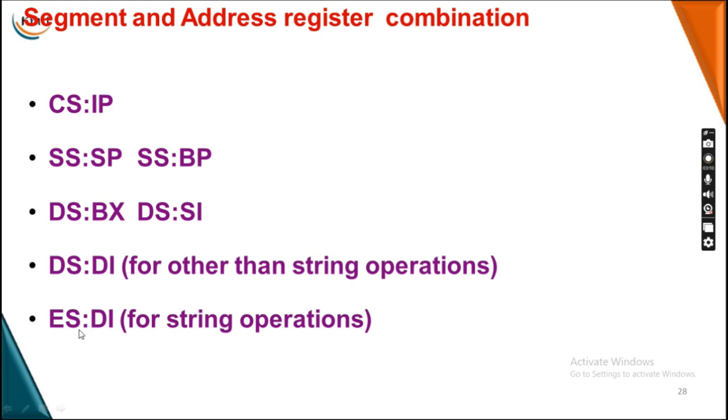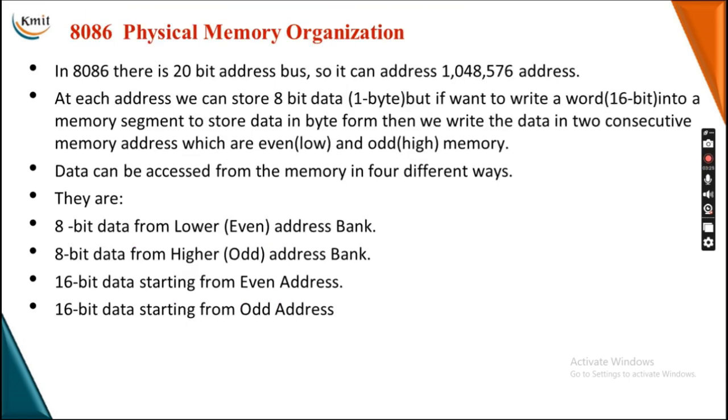For extra segment, this destination index will be acting as offset address only for string operations. This is the thing which we have discussed in the previous session.